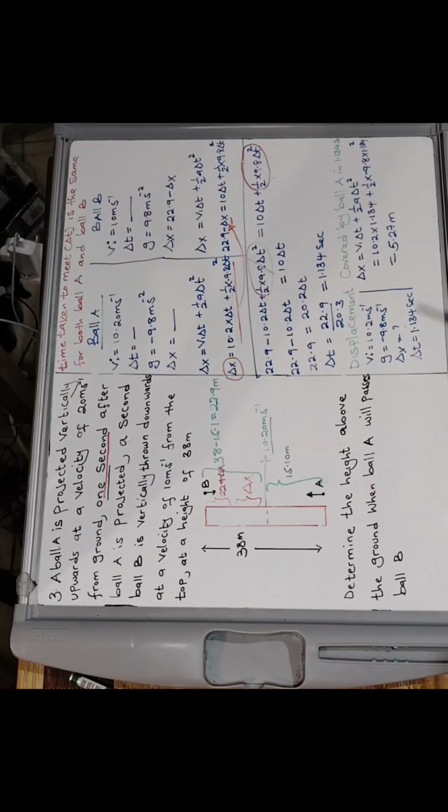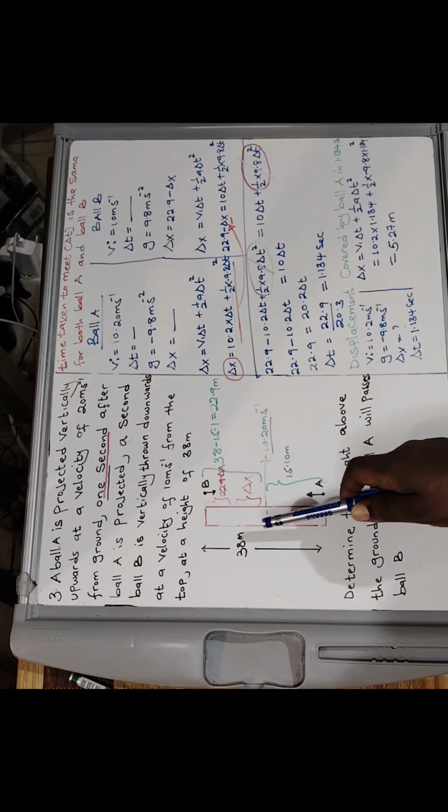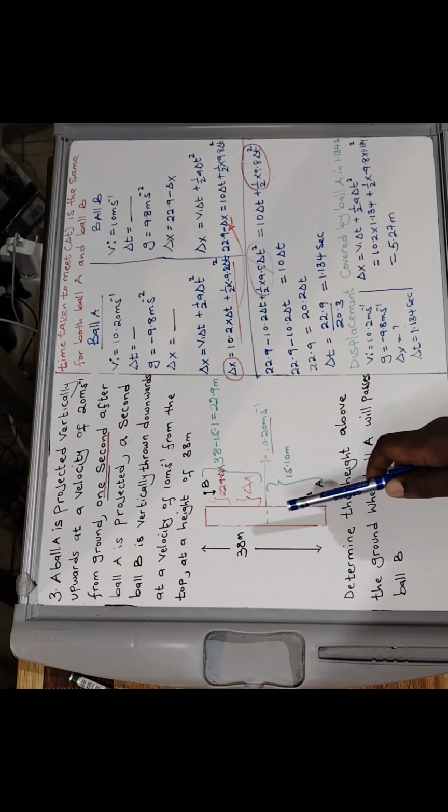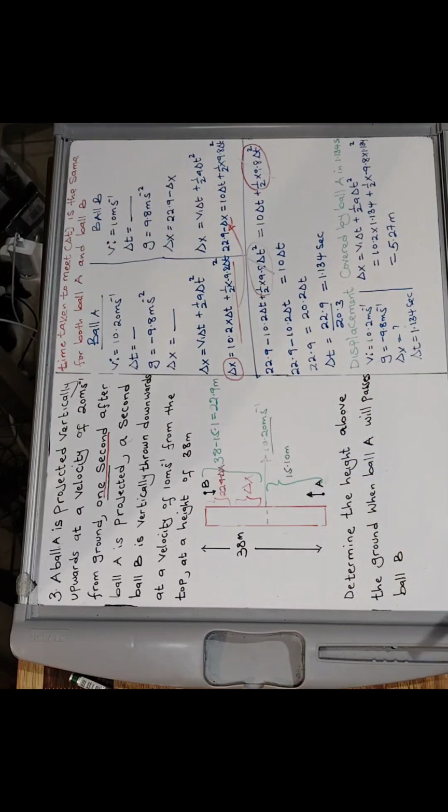Let us get it. So that's what we get. So in 1.134 seconds, ball A covered 5.27 meters. But the question wants the height from the ground at which the two balls pass. So we are going to add 5.27 to 15.1 meters to get the height.